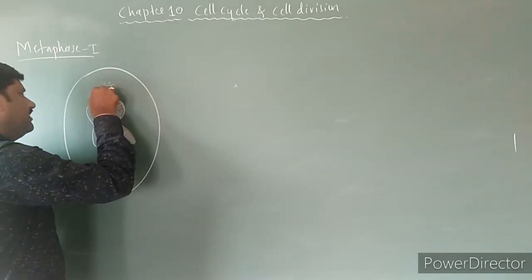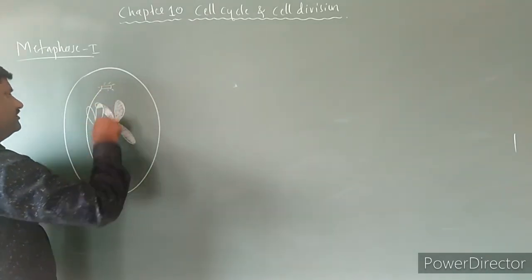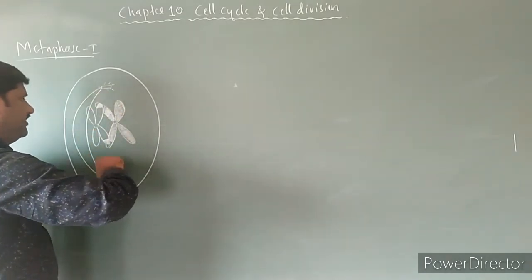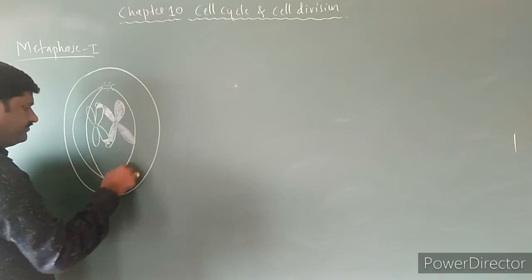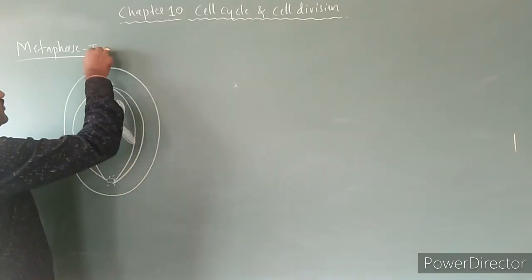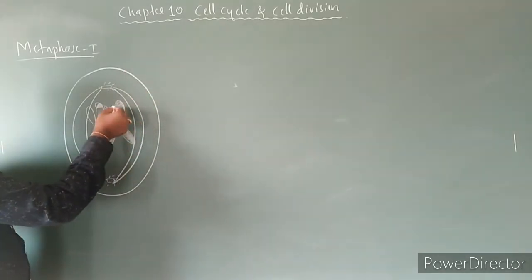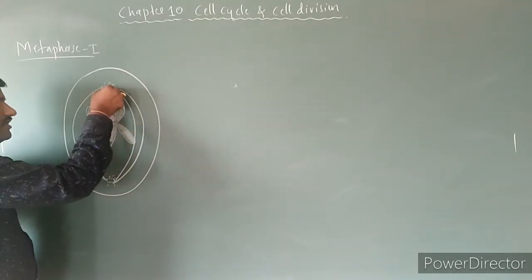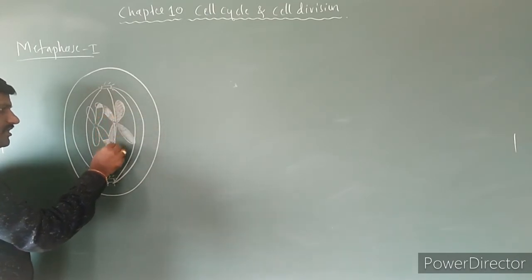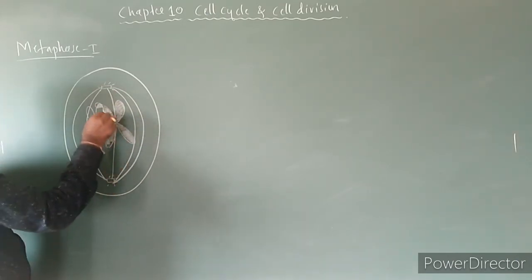And both of these are producing what? These spindle fibers. In metaphase 1, the spindle fiber attaches to the centromere or the kinetochore of the chromosome.